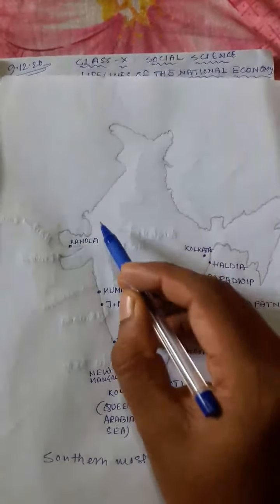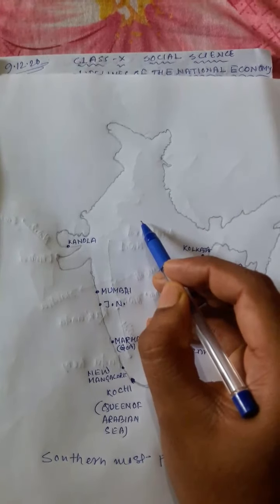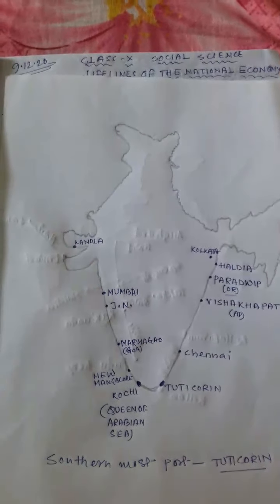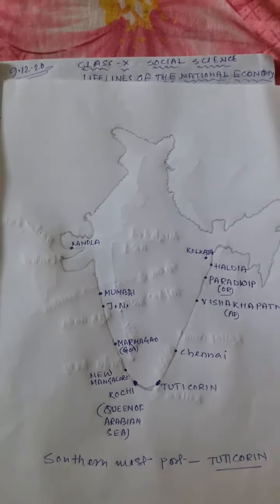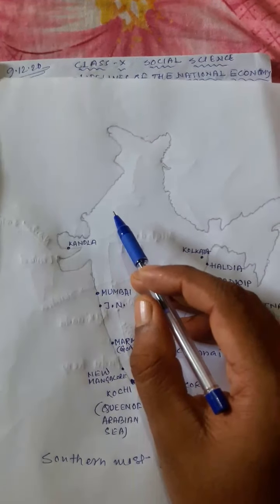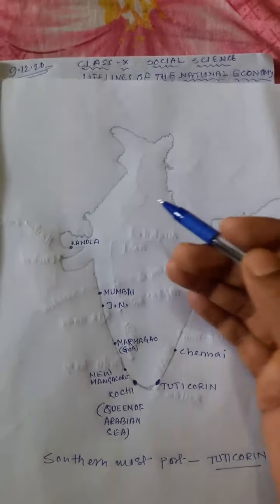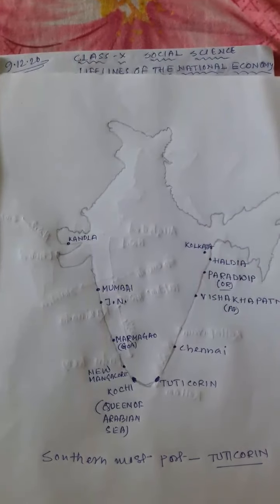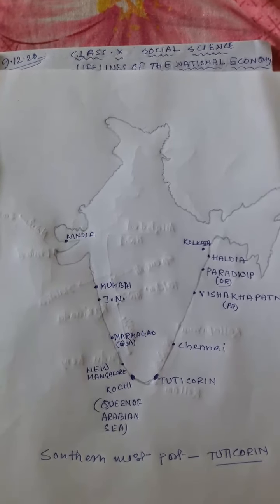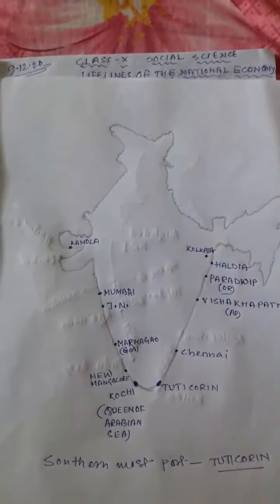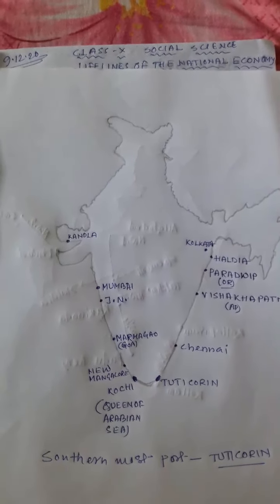Now students, you might have a fair idea about the major industries. These are the major or the prosperous regions of our country. We have Uttar Pradesh, then we have Haryana, Bihar, West Bengal, and Punjab. These are the prosperous regions of our country.